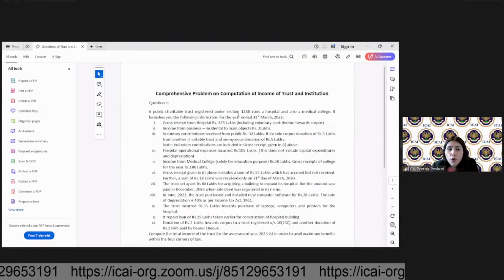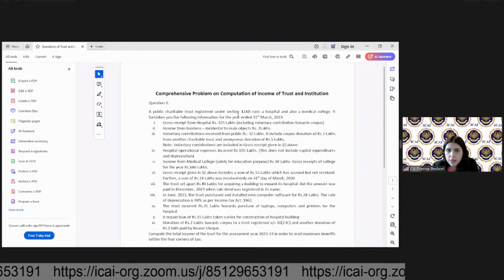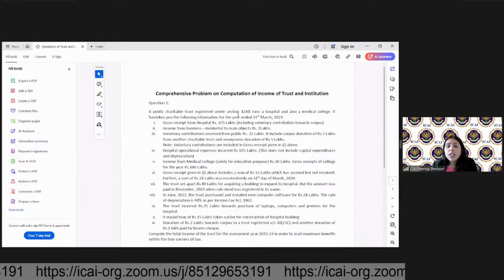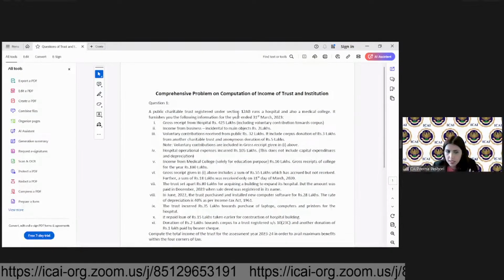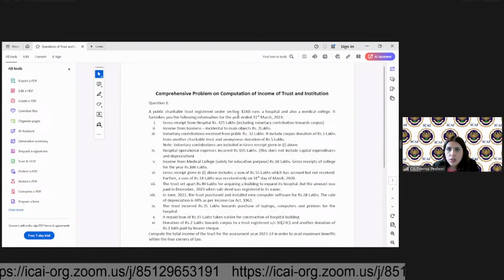Now, this 425 lakhs includes the voluntary contribution towards the corpus. So, let me go back to the solving of the sum and first take you to the computation procedure.